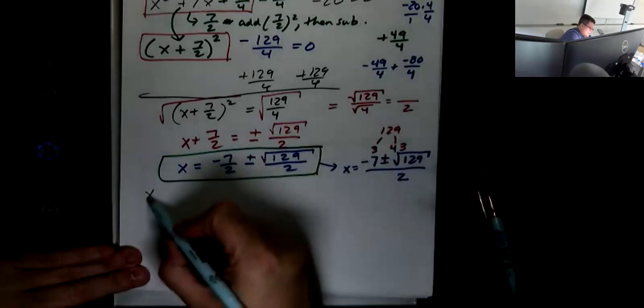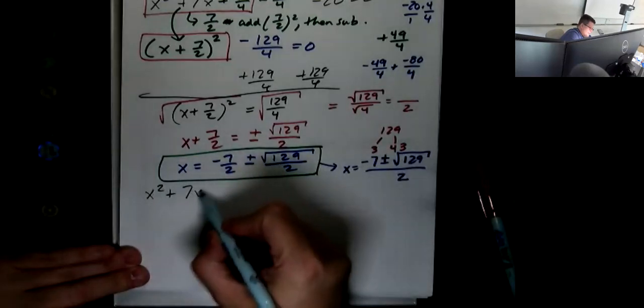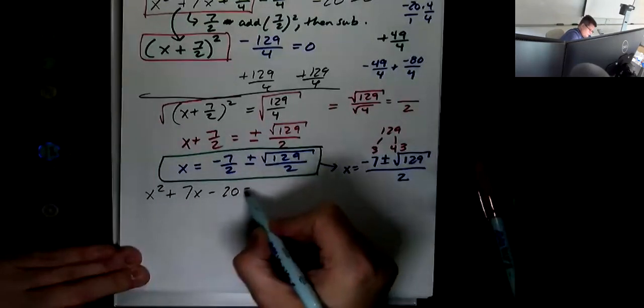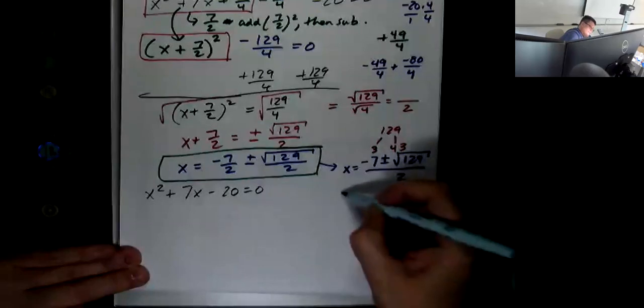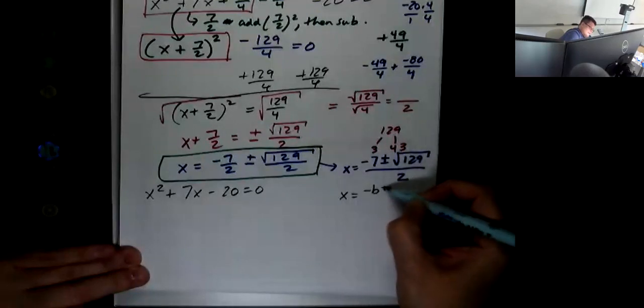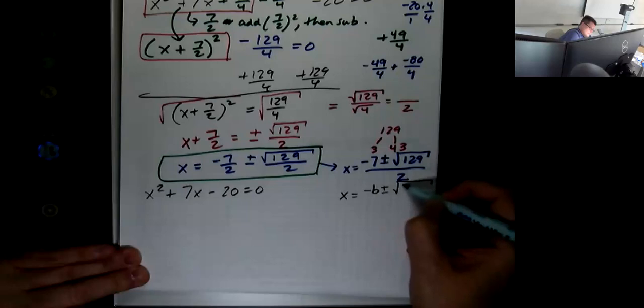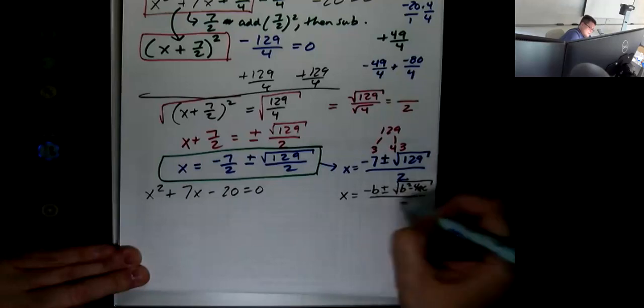Let's look at that with the quadratic formula. x equals negative b plus or minus the square root of b squared minus 4ac, over 2a.